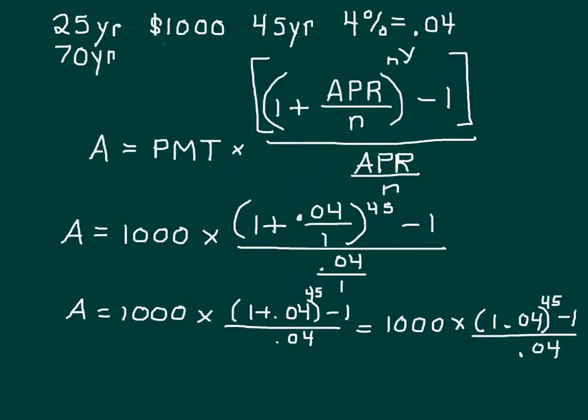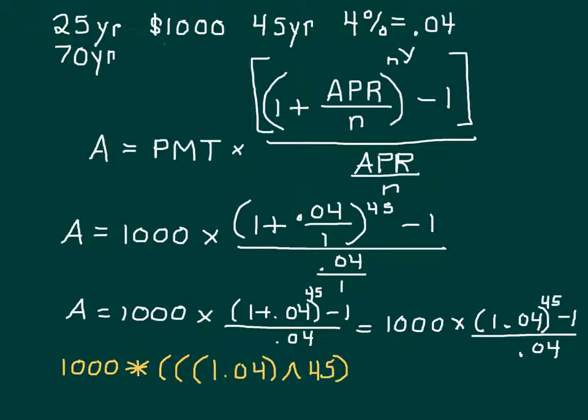And when we plug into our calculator, what we can do is we can say 1,000 times, left parenthesis, because this entire expression we want enclosed in a parenthesis. So there's the first parenthesis, and now the numerator is going to be, I have to do 3 parentheses, 1.04 close parenthesis raised to the 45, and we close that parenthesis.